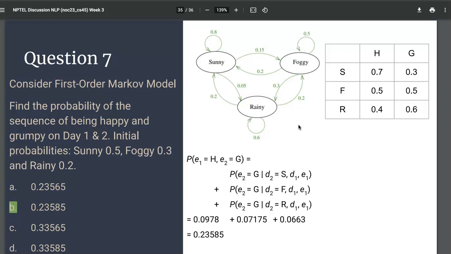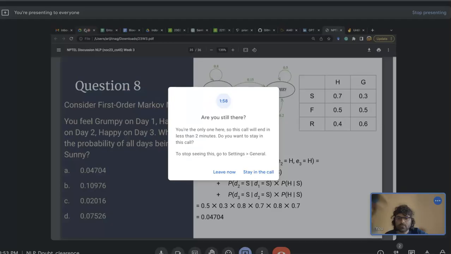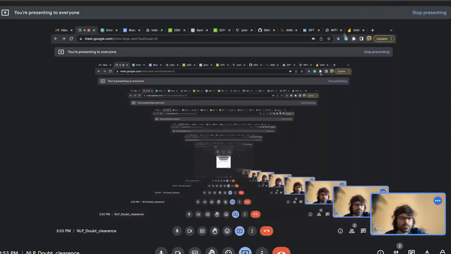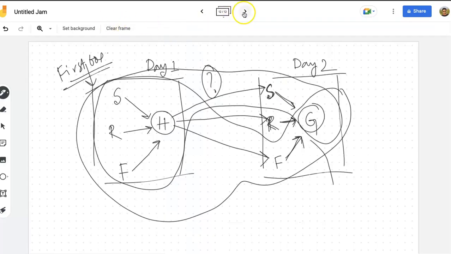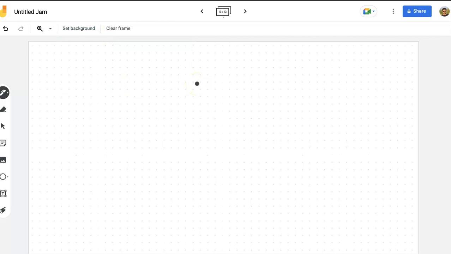Okay, so the last question is similar. You feel grumpy on day 1, you feel happy on day 2, you feel happy on day 3. What is the probability that all days are sunny? So this is day 1, this is day 2, this is day 3.